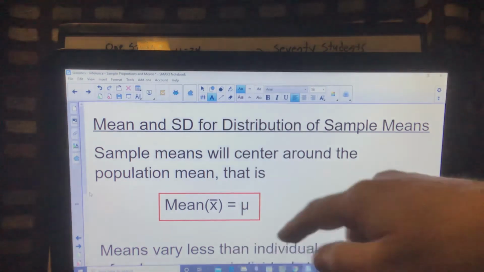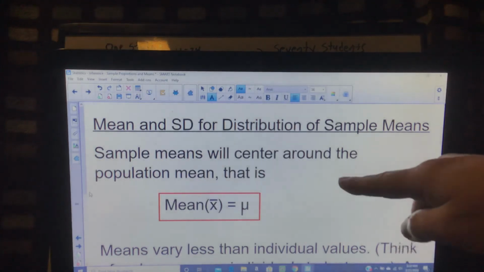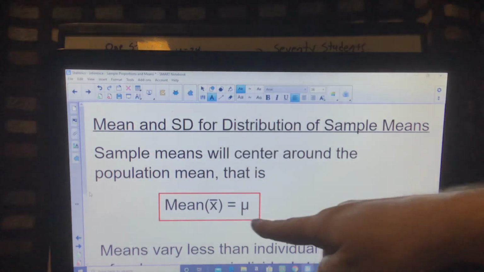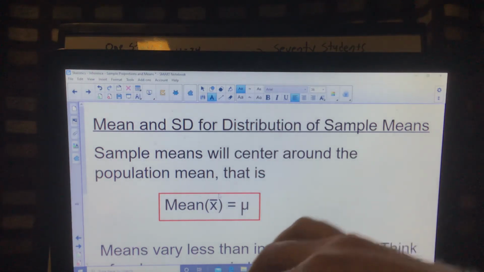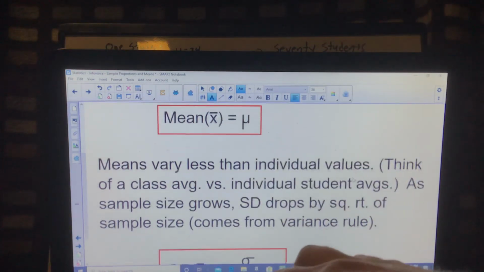Now, once we get that normal curve, we know its center should be the population center. What should its standard deviation be? Well, the means vary less than individual values. If you average a group, they vary less than individual values.